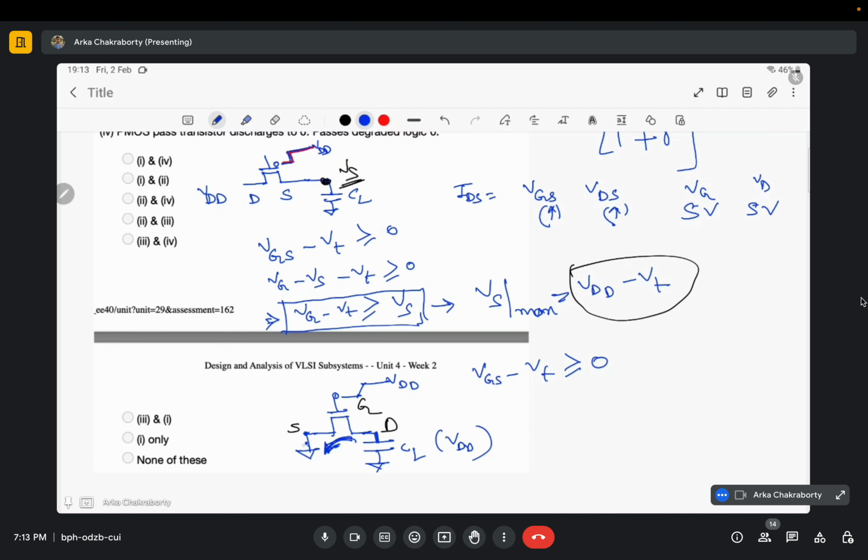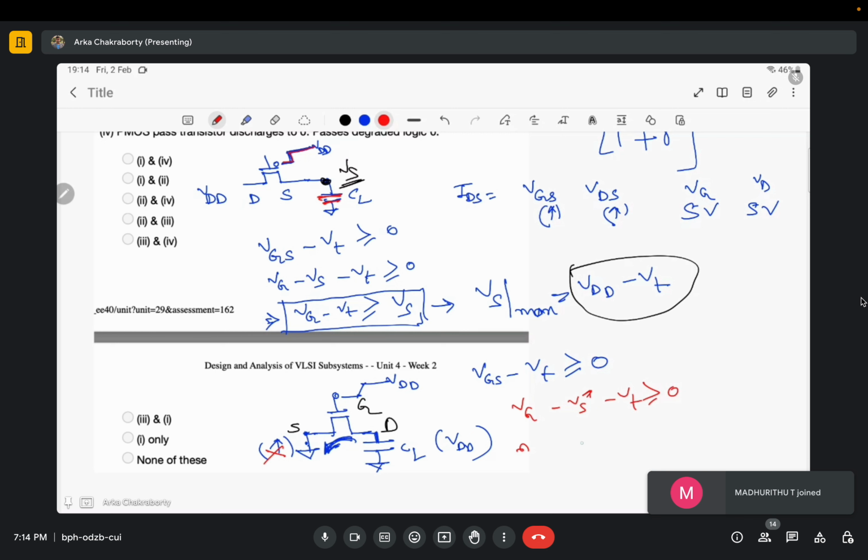As there is no load capacitance present at the source, my source voltage would not go up, unlike the condition when my CL was connected at source. As it is connected at drain right now, my source voltage would not go up. So as my source voltage is 0, I can write VG minus Vs minus Vt greater than or equal to 0. As my source voltage would not go up, I can assume the source voltage can go up to 0.